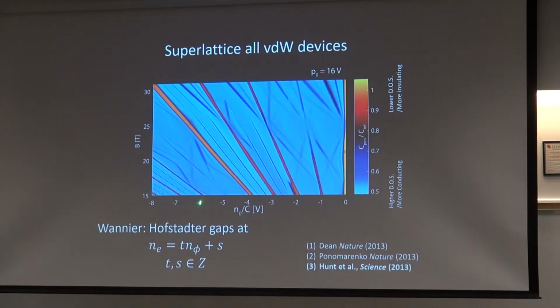Okay, so following Hofstadter's work, Wannier actually figured out that for that non-interacting model, you don't get the same rich physics of the Hofstadter butterfly, all of these beautiful pictures, if what you're actually doing is just varying the charge density and the magnetic field. All of those beautiful mini bands and so on just collapse onto lines in the plane that we're actually measuring, which is magnetic field and charge density.